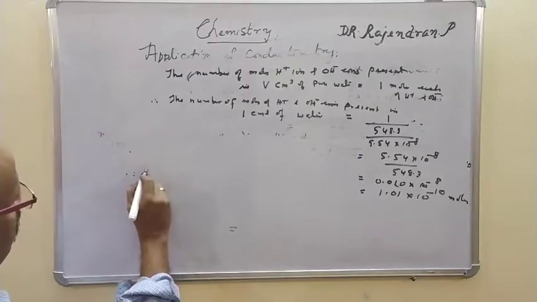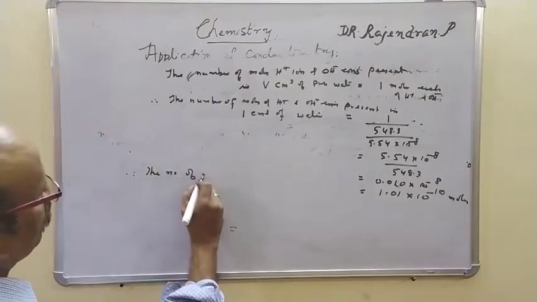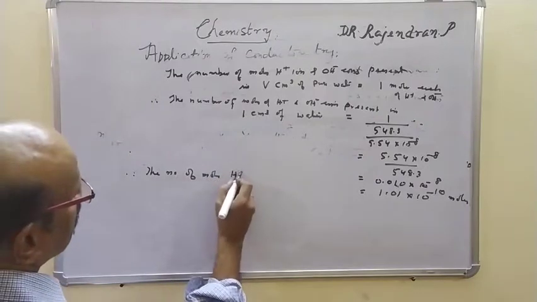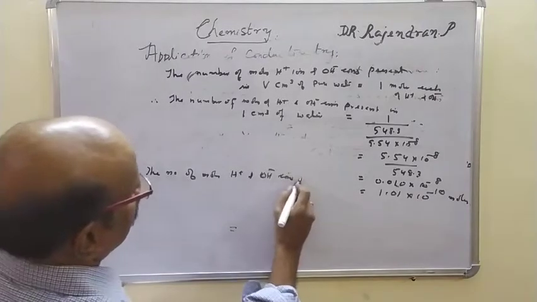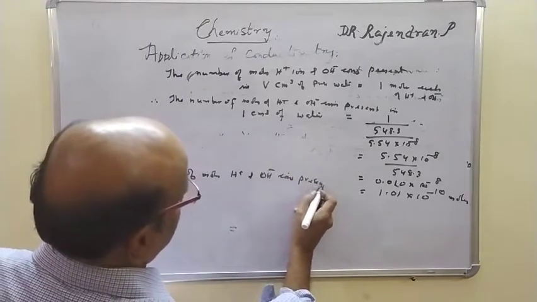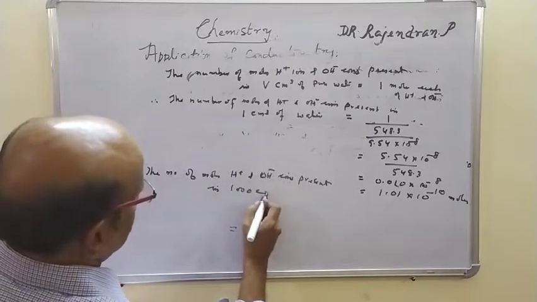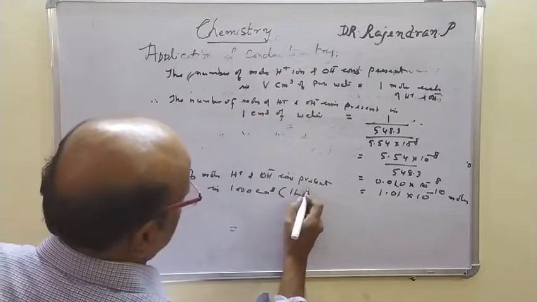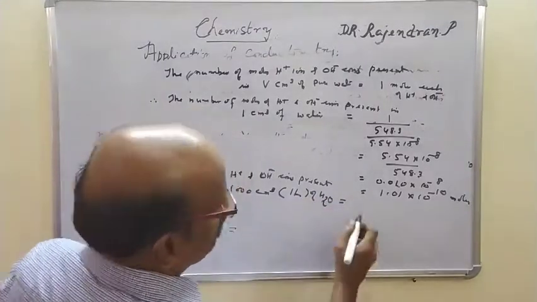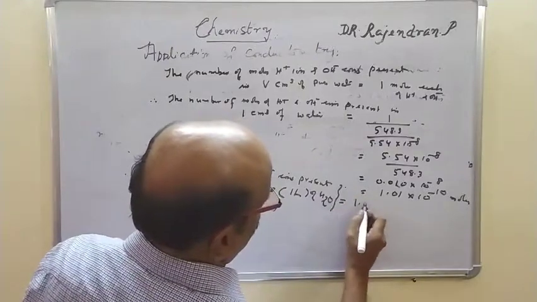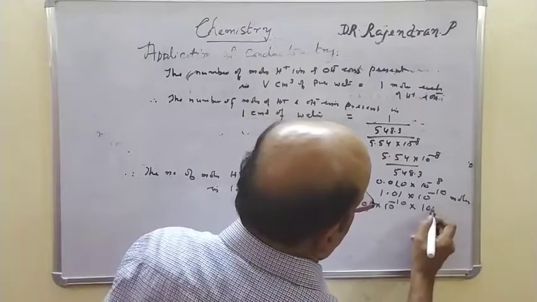So next, therefore, the number of moles of H plus and OH minus ion present in 1000 cc, 1000 centimeter cube or 1 liter of H2O is equal to 1.01 into 10 to the power of minus 10 into 1000.